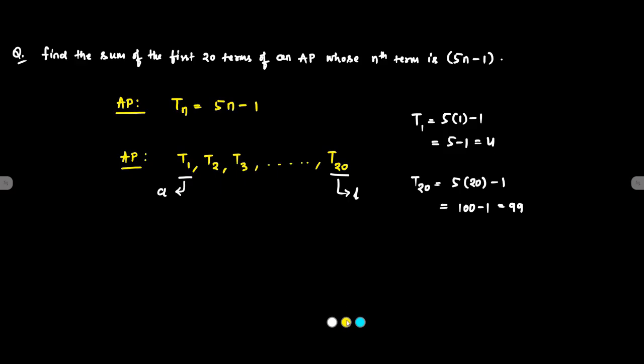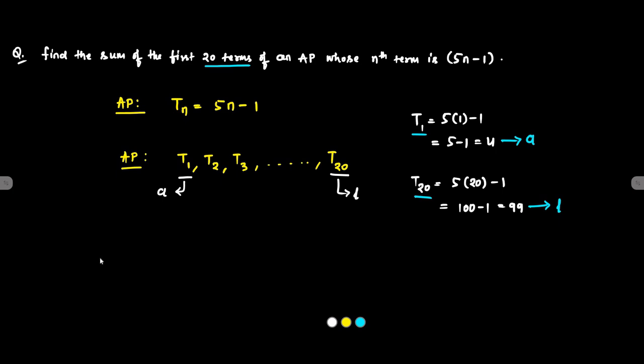So this here is the first term A, and this here is the last term L, because we have to find out only the sum of the first 20 terms.